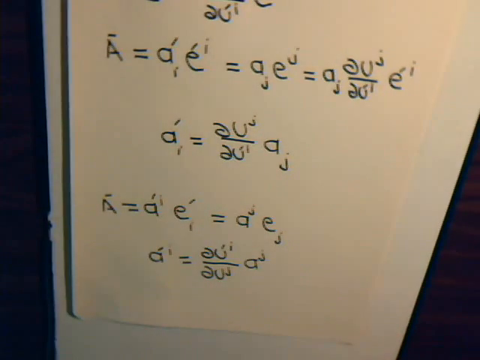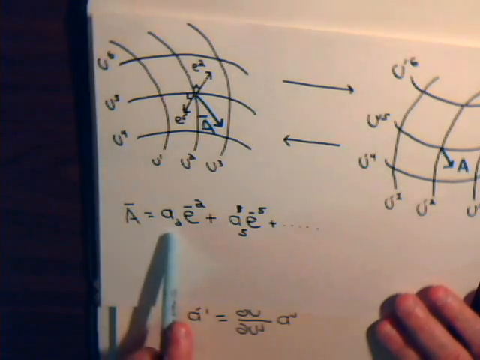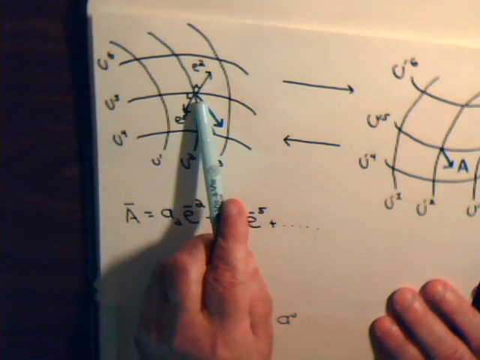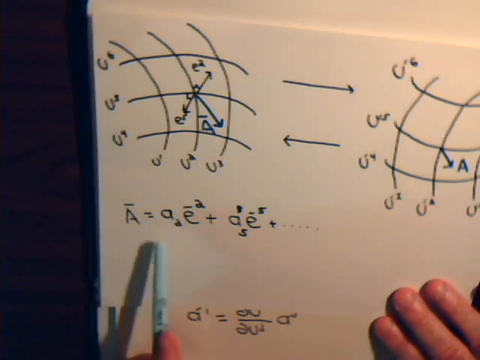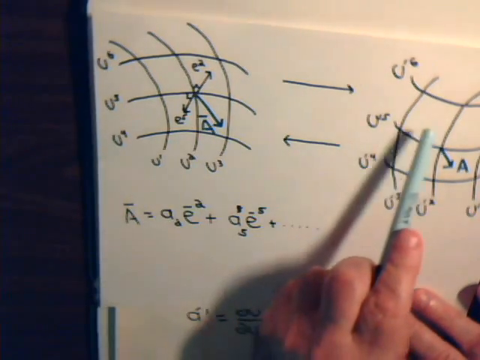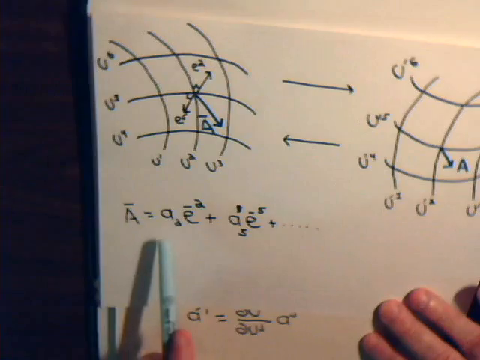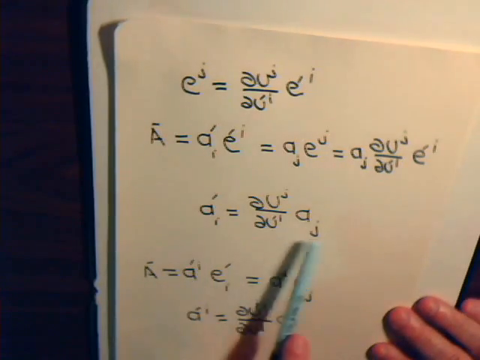So what we're trying to show in this video is that when we have a vector and we express it in terms of its components along axes that are perpendicular to our coordinate axis using this expression, then when we transform from one coordinate system to another coordinate system, that transforms exactly according to the pattern of a covariant vector.